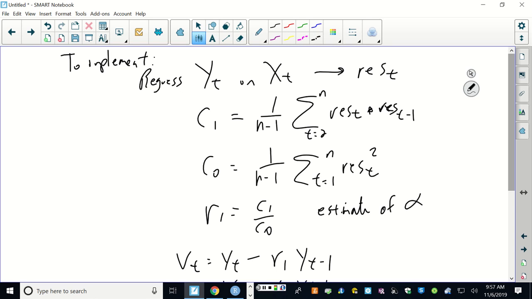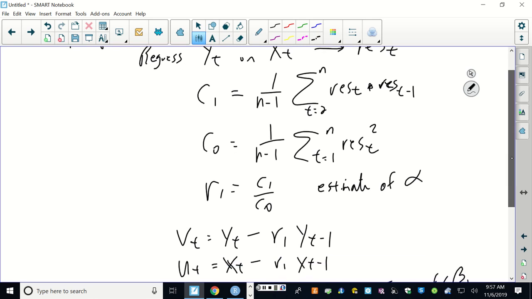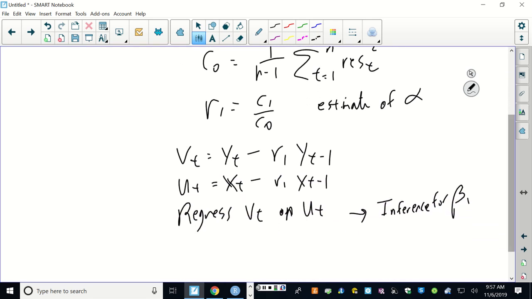And then estimate R1 from those residuals. And then adjust y, and then adjust every x that you have, multivariate, like this. And then regress the V sub t on your collection of U sub t's. And then you can do inference for a bunch of different slopes. So it works that way.